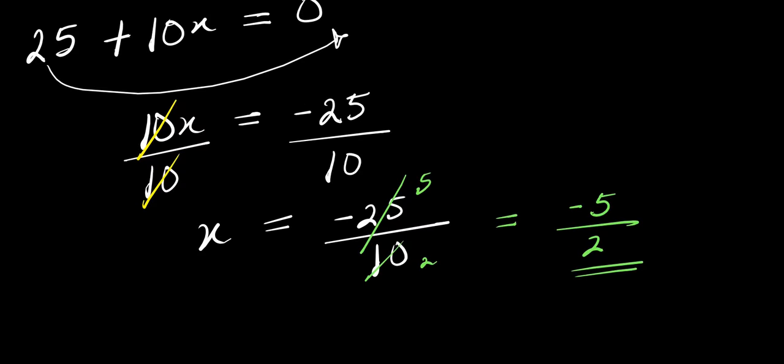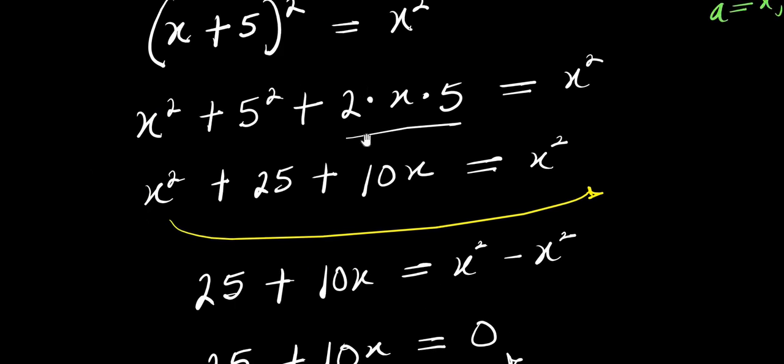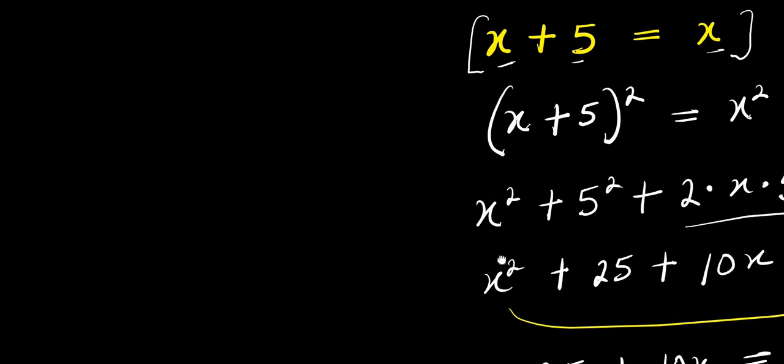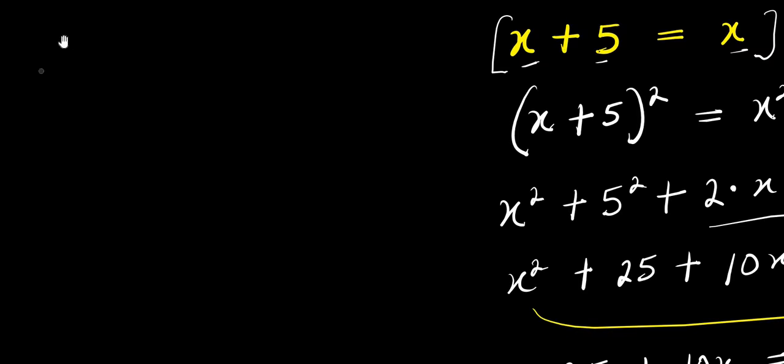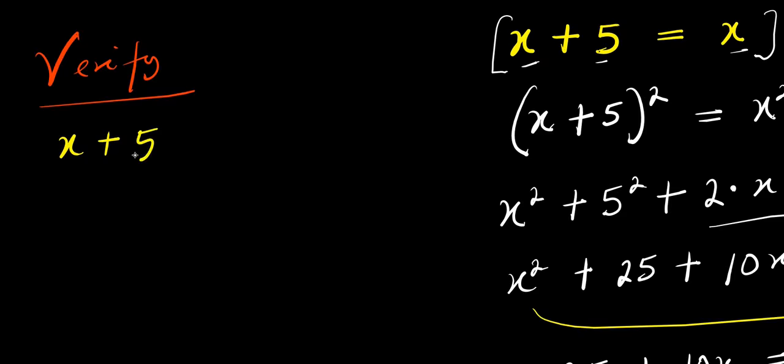Now, we are not sure if this particular answer will satisfy the equation, but let's go ahead and check it out. So let's verify that particular answer before we try another method if this one doesn't work. So the equation remains x plus 5 equals x, and our x is negative 5 divided by 2.